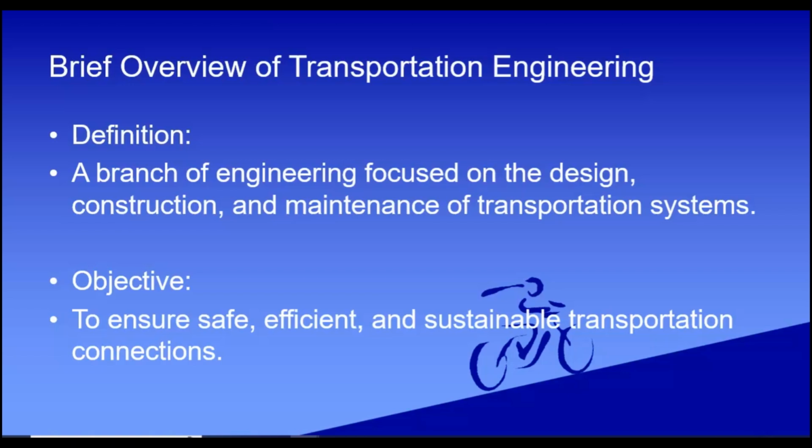We have sustainable and environmental impact, where we talk about noise and pollution control. Then we have pedestrian and bicycle infrastructure. We have rail and aviation engineering. We have smart mobility.